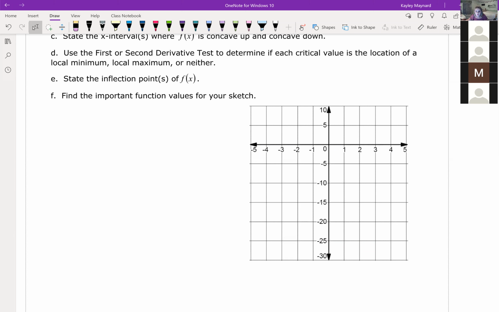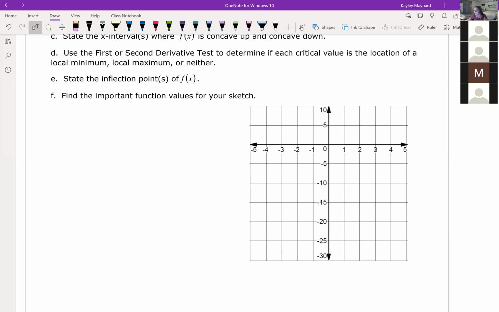Okay. Let me take a quick look at it. So the inflection points being at 0 and 2, are you graphing the actual... hold on, let me actually read the question. Okay. So the inflection points are where we talk about changes in concavity.